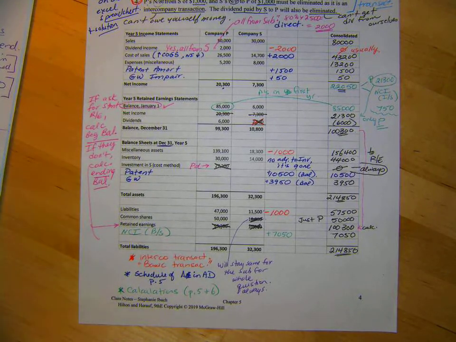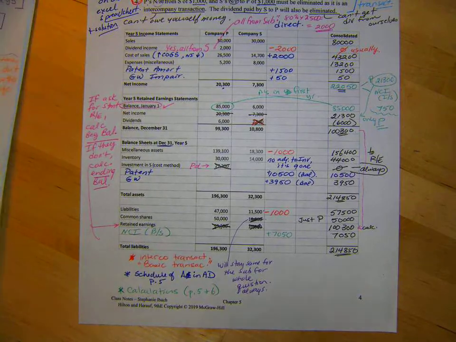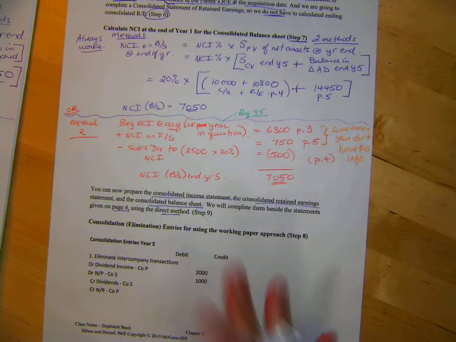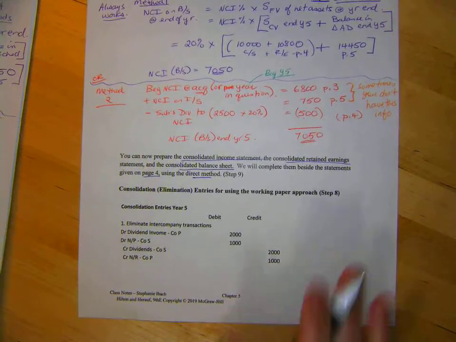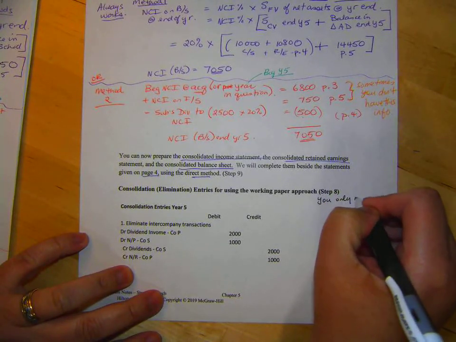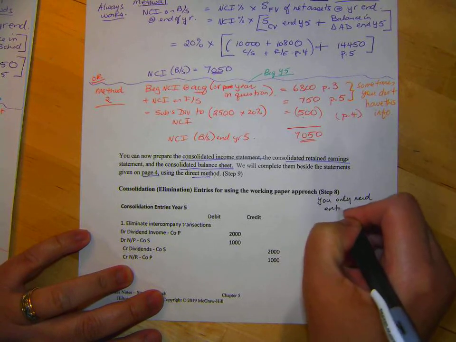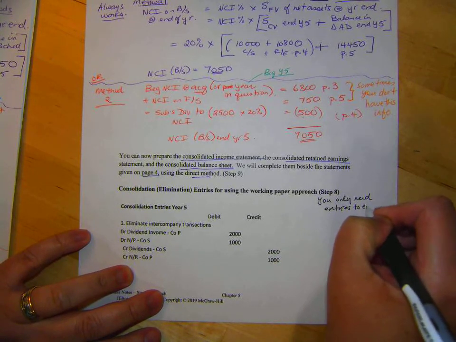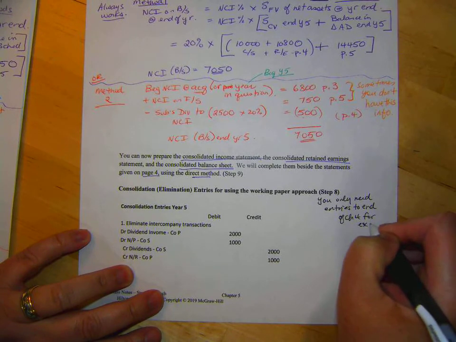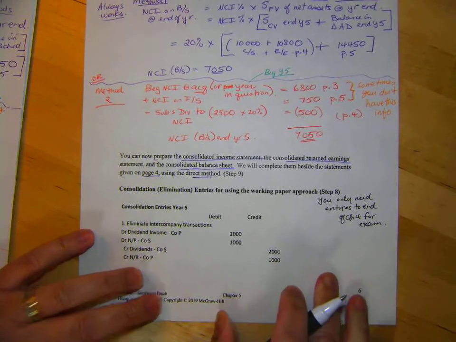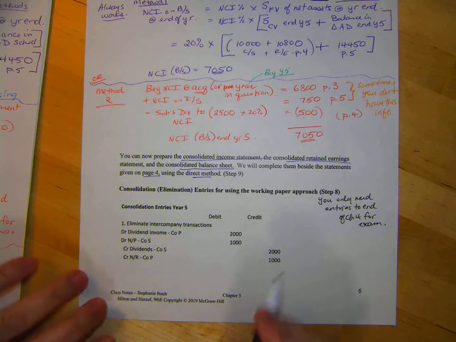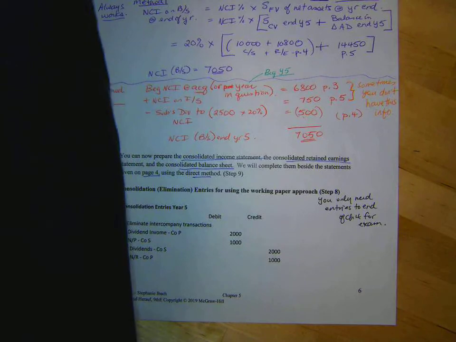Okay, let us go to page 6. We're going to do the consolidation entries. And you only need entries to the end of chapter 4 for the exam. Okay, so this one is new, the first one.